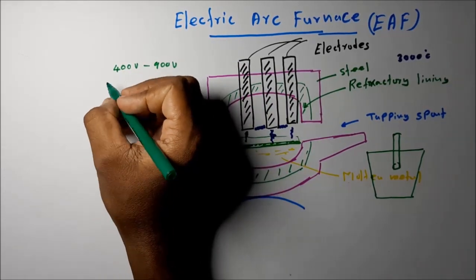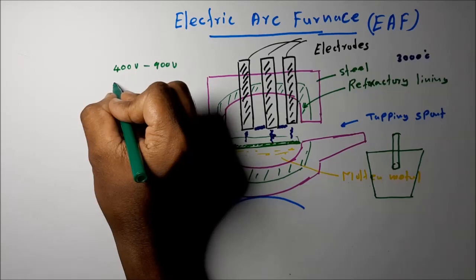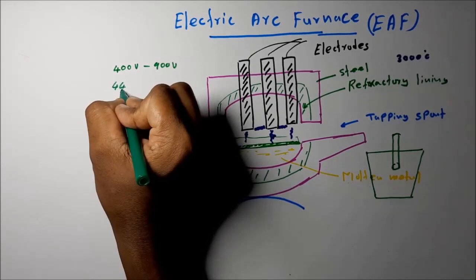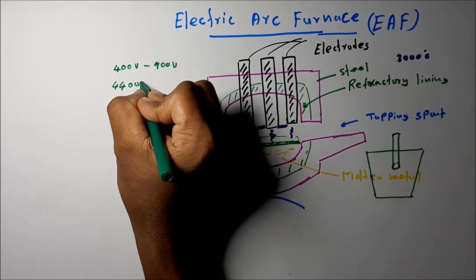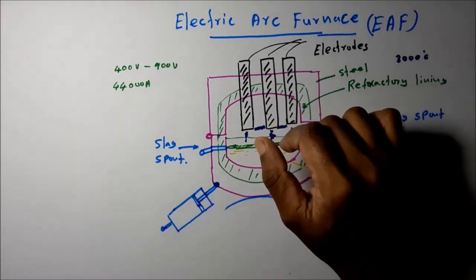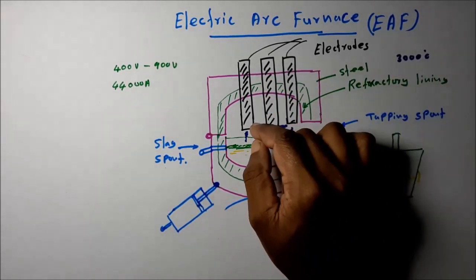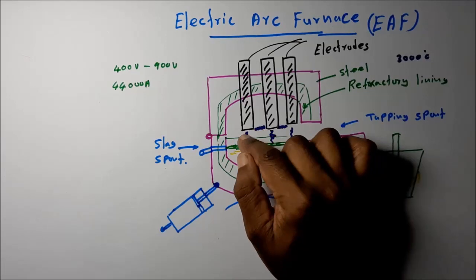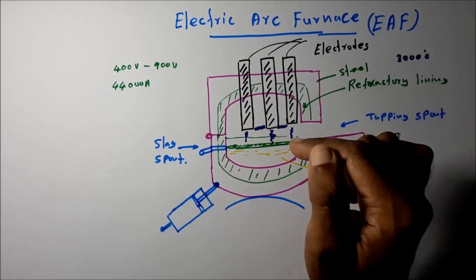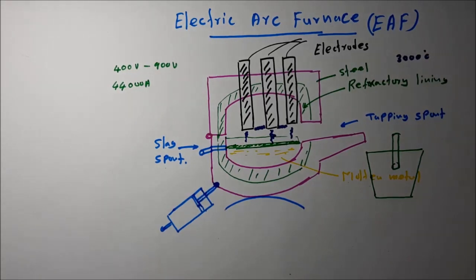The current rating also varies, normally greater than 44,000 ampere. This is the normal voltage range and current rating for this electric arc furnace. So a very high temperature electric arc is generated between the electrodes, and between the electrode and the charge material. Because of this, the charge material melts.